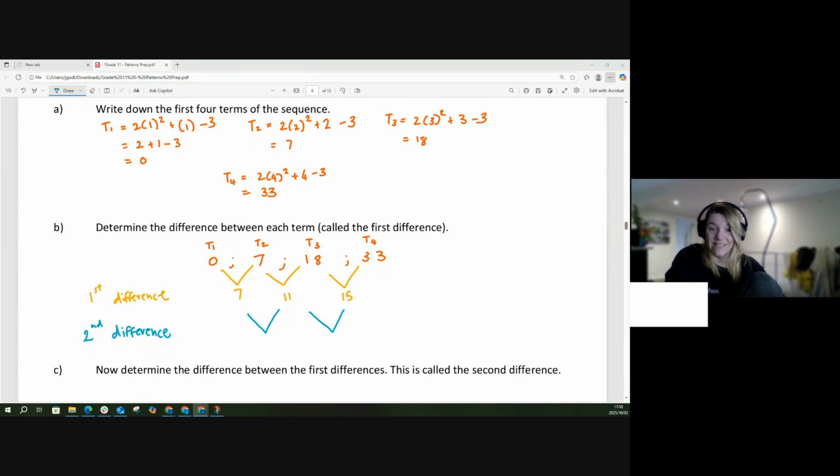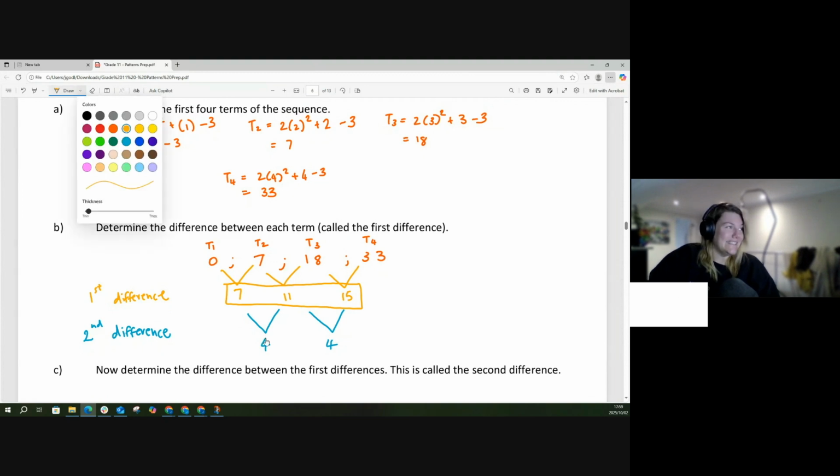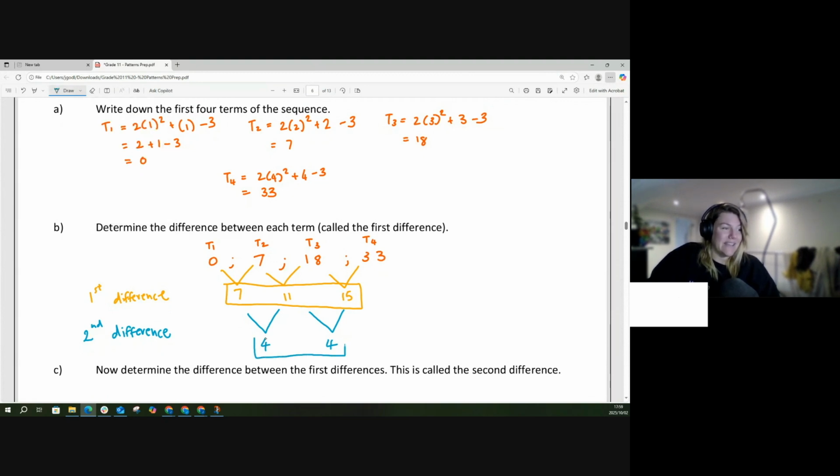Isn't that pretty cool? The second difference is 4. The second difference stays the same. Pretty cool, right? And this is the cool thing about quadratic formulas, is that the first difference of a quadratic sequence creates a linear sequence, and the second difference is therefore going to always give us a constant difference.